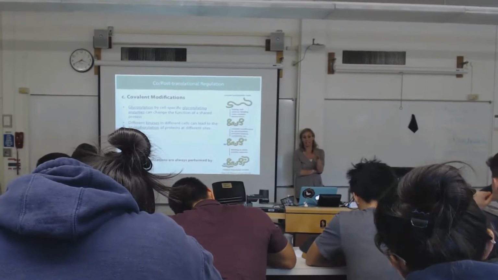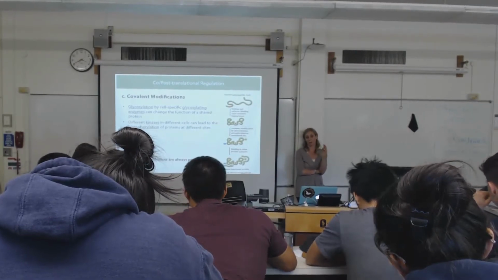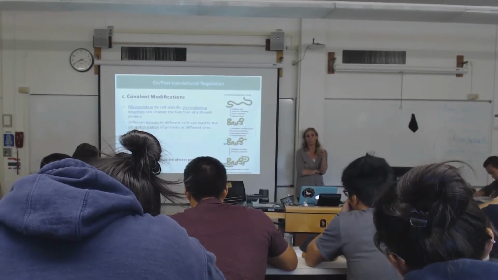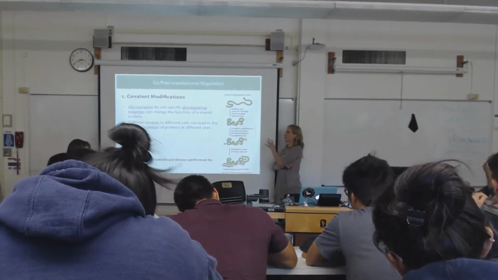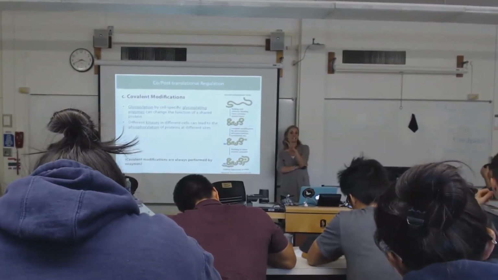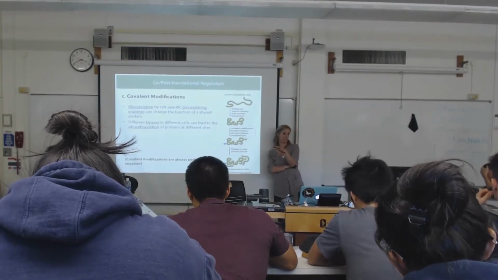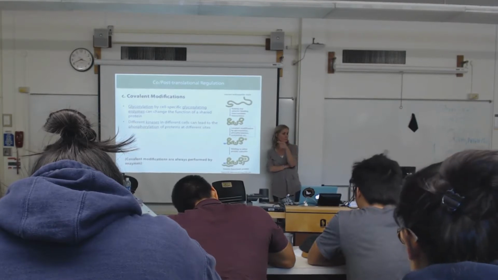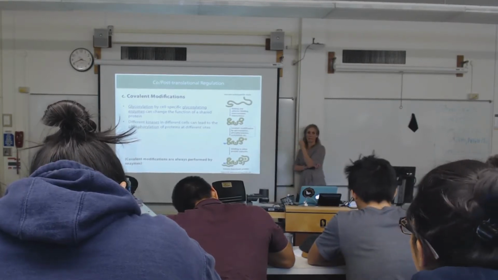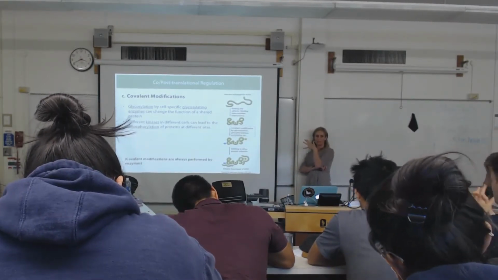And so, again, we're talking about a covalent modification of a protein, which means that the sugar group or the phosphate group is being added to the side chain of an amino acid by the addition of a covalent bond. So they're really stable additions to these proteins.